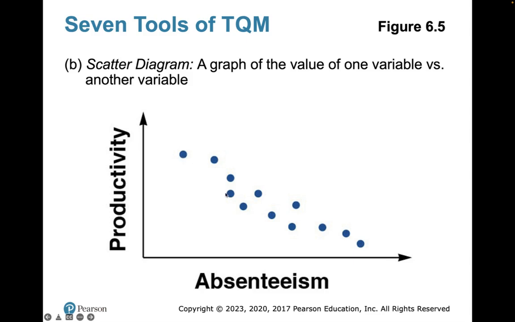And not surprisingly, if there's not a lot of people around and we have really high turnover, or people aren't present, then our productivity is very, very low. So that's what an example of a scatter diagram helps us realize. Hey, maybe we have an issue here with absenteeism. So that's going to help us understand that.